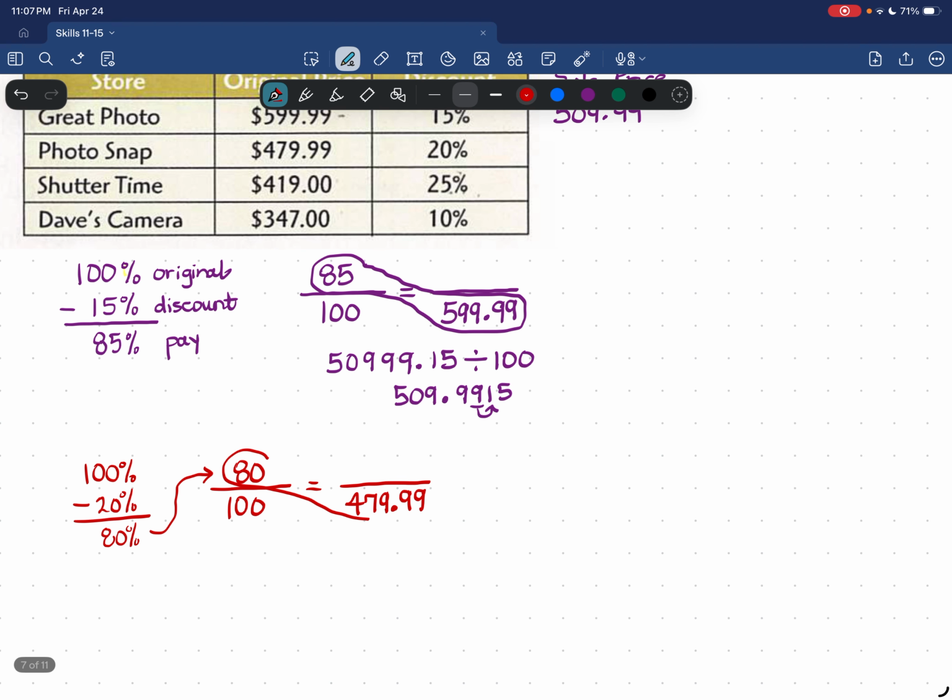So let's draw the peanut and multiply what's in there. Be careful. Type it carefully. It's not an easy number to work with. And that gives me 38399.2. But we have to divide that by 100 on the calculator. And that gives me 383.992, or $383.99.